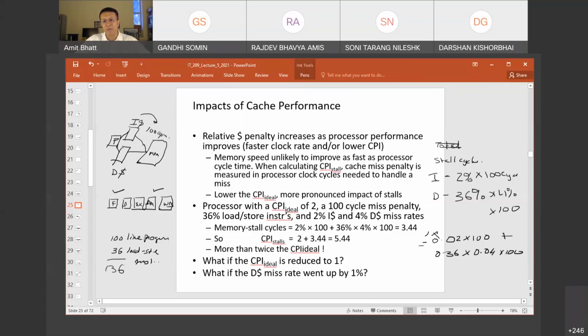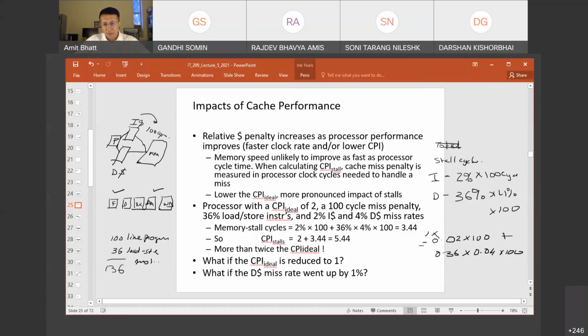So you have put 1 multiplied by 0.02 multiplied by 100 plus, this data cache is accessed 36% of the time, or 36% of 100. So that means 0.36 multiplied by 0.04 multiplied by 100.